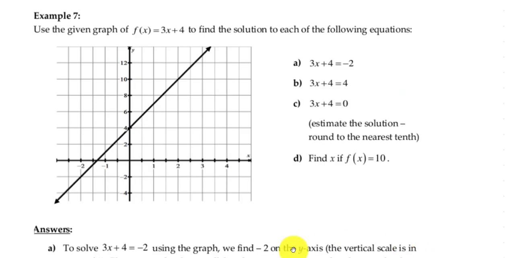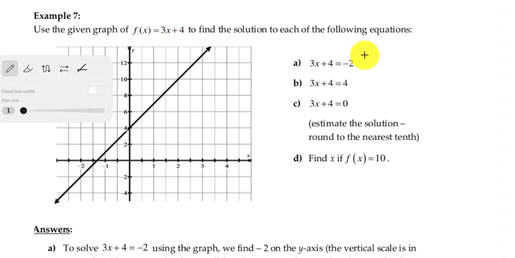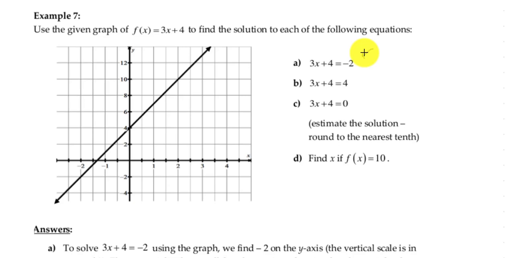On the next page, we have this equation, f of x equals 3x plus 4, which is really the same as y equals 3x plus 4. And then they give us the values for y over here: the negative 2, the 4, the 0. Or as a function, you would say f of x equals 3x plus 4.